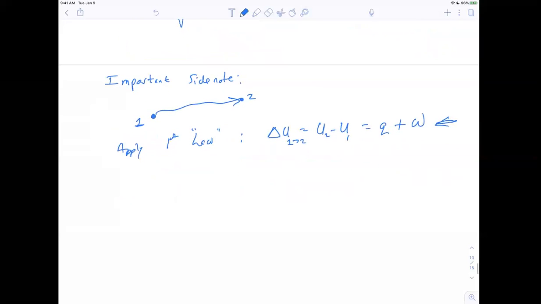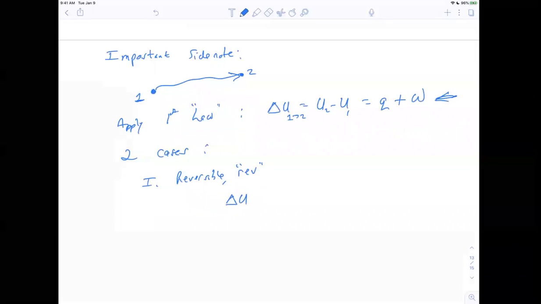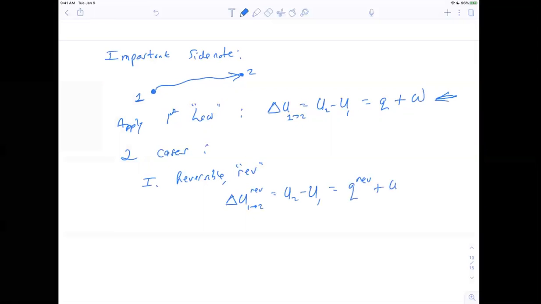So we're going to consider two cases. The first case, we have reversible, which I'll label as REV. And the second case is going to be irreversible, which I'll label as IRREV. And you'll see that in a moment. So in the reversible case, we have delta U reversible to go from 1 to 2, which is going to be U2 minus U1. And that's going to equal Q reversible plus W reversible, if you go from 1 to 2 in a reversible manner. It's just some abstract way.